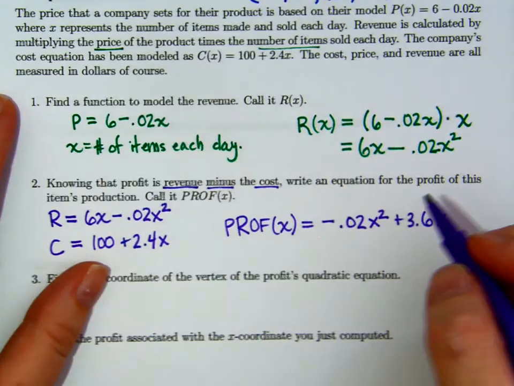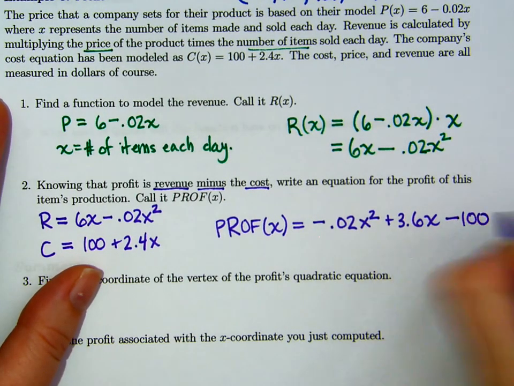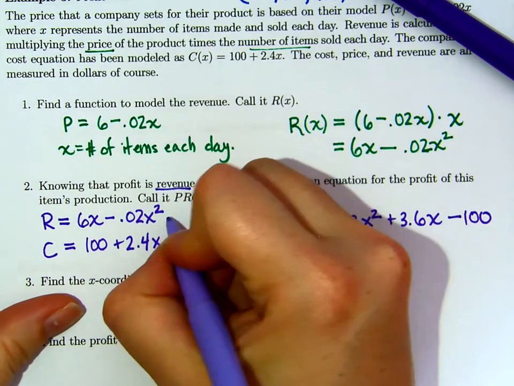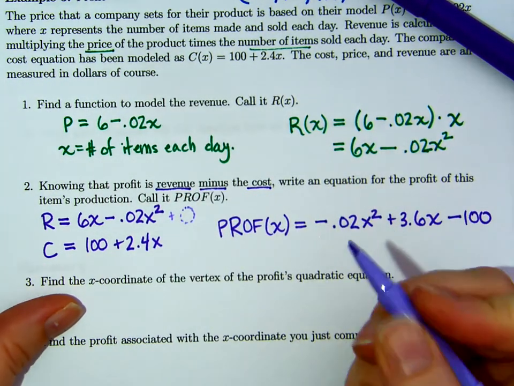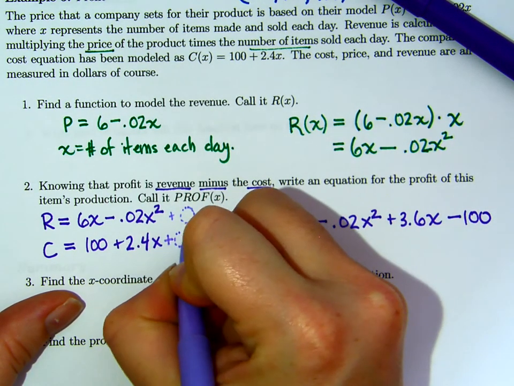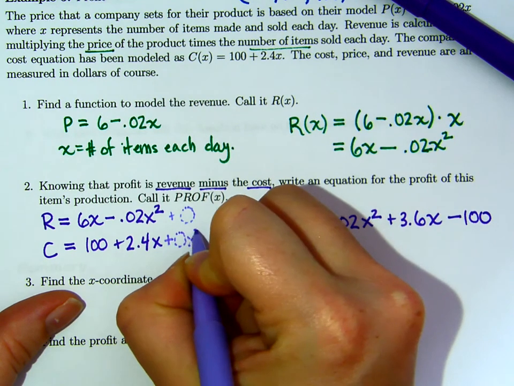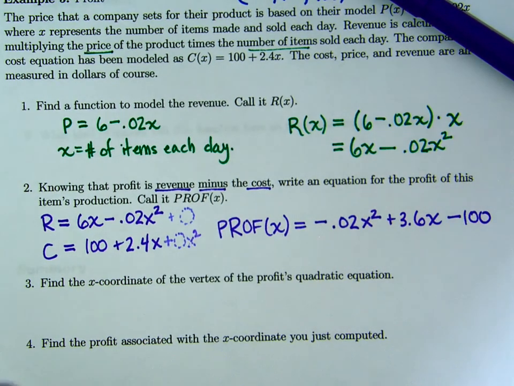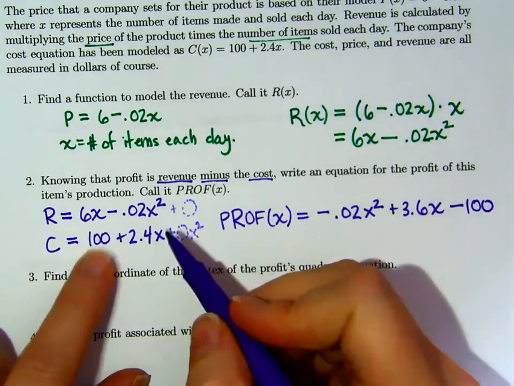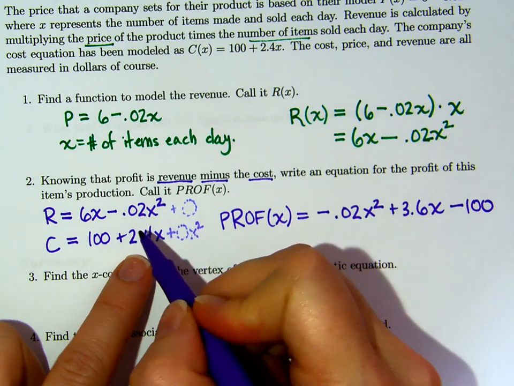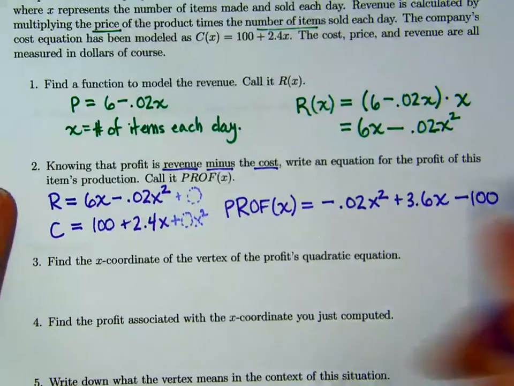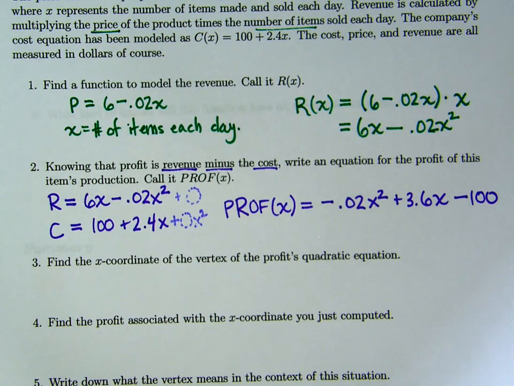It's a cost, so this is minus 100. There's kind of an implied 0 there, and in the cost equation there was an implied 0x squared. So 0 take away 100 is negative 100. So here's our profit equation.